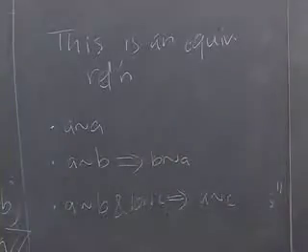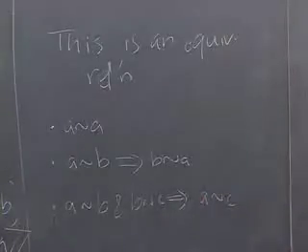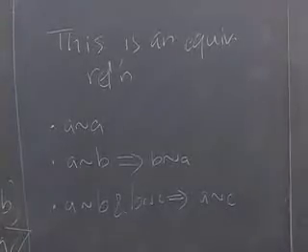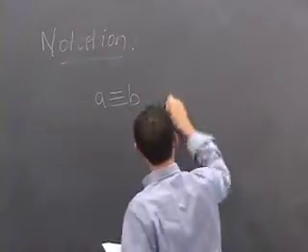Now, for notational purposes, it's often not sufficient just to write this relation symbol, twiddle. So we have another piece of notation. And that is a is congruent to b mod n.